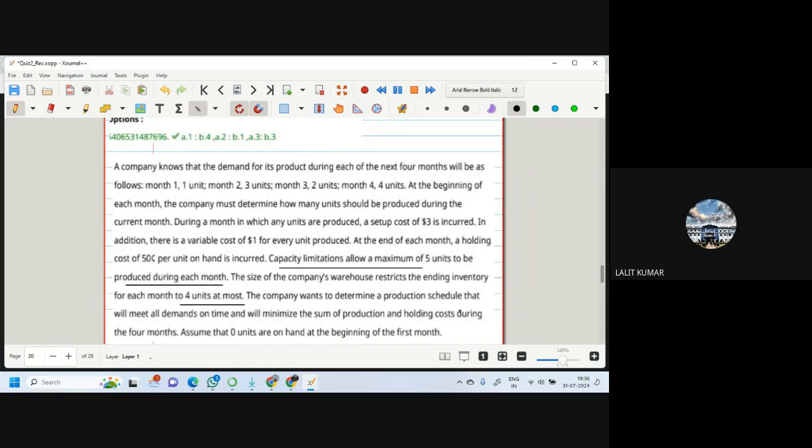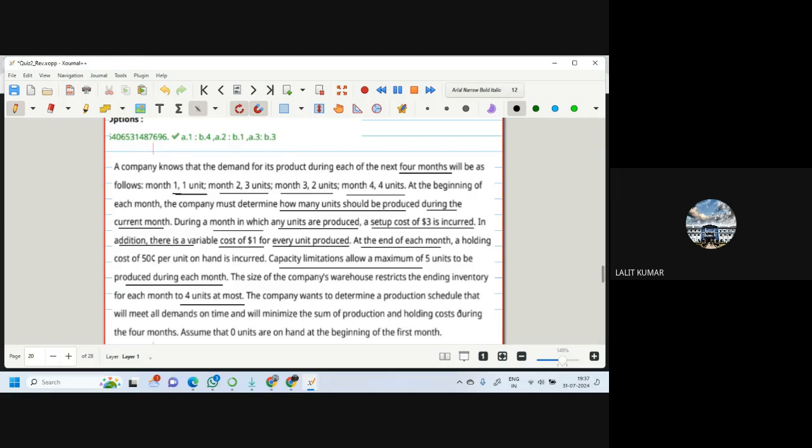A company knows that demand for its product during each of the next 4 months will be as follows: month 1, 1 unit; month 2, 3 units; month 3, 2 units; month 4, 4 units. At the beginning of each month, the company must determine how many units should be produced during the current month. During a month in which any units are produced, a setup cost of $3 is incurred. In addition, there is a variable cost of $1 for every unit produced.